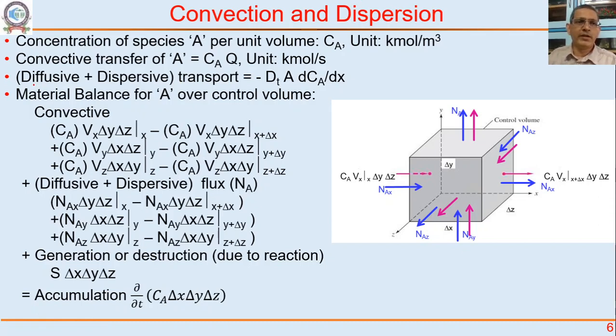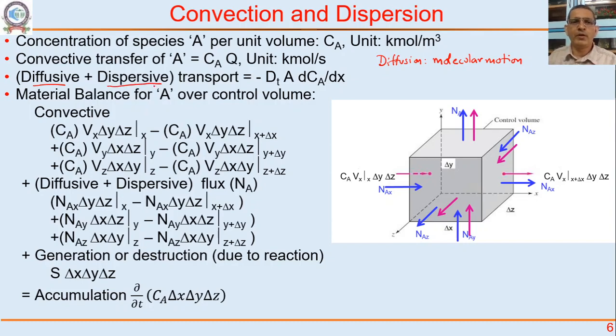We are using the word diffusion. By this word, what we mean is the molecular diffusion, molecular motion. If some of these terms are not clear, you go back to your undergraduate mass transfer lectures or wherever you have studied all these and revise those concepts.